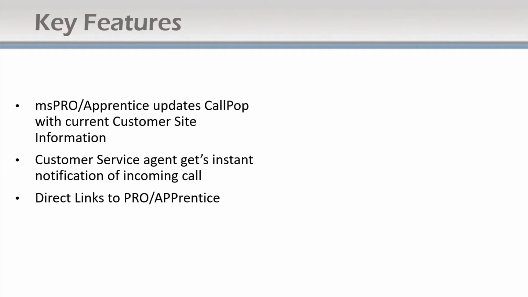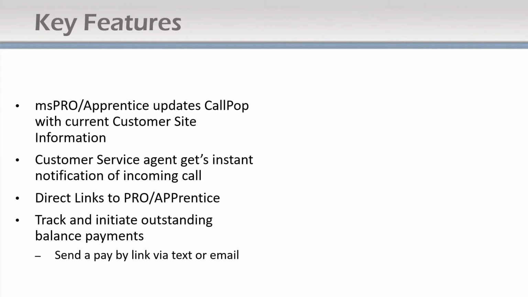It also provides on-screen direct links to Pro and Apprentice to do things like create a work order or open a dispatch board. And it also provides an ability to see if the company owes you any money, and provide a quick, seamless link through customer statements via text or email for them to go ahead and pay.